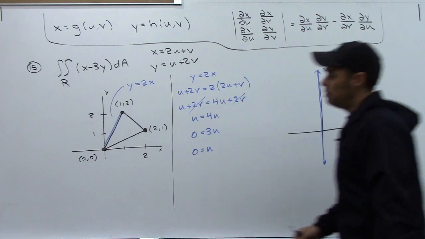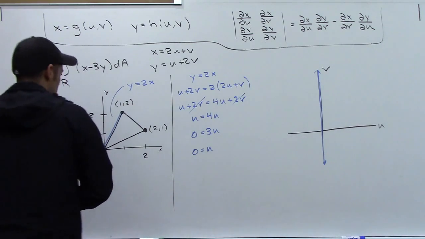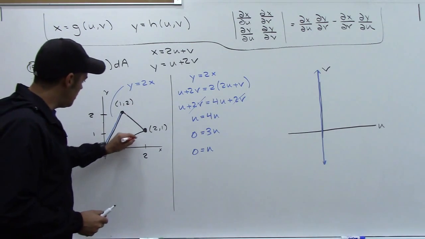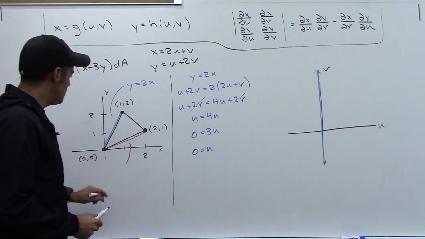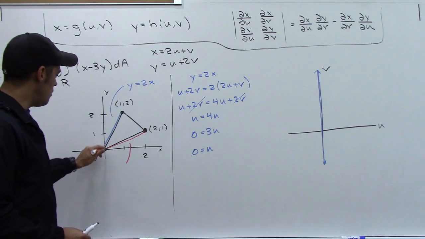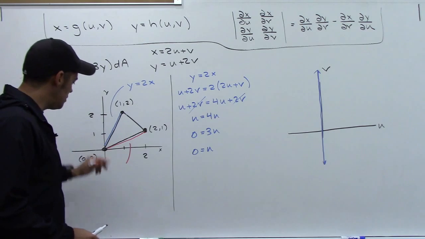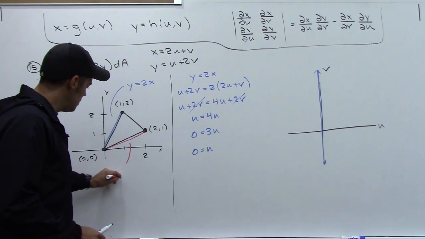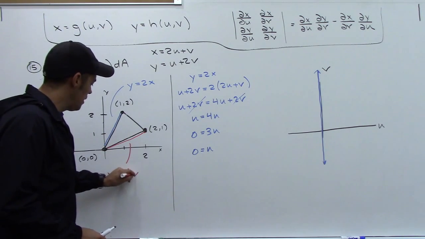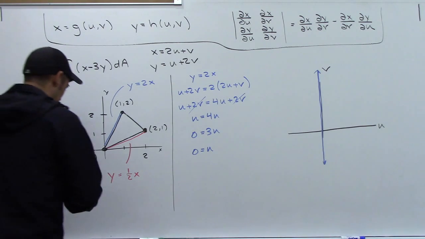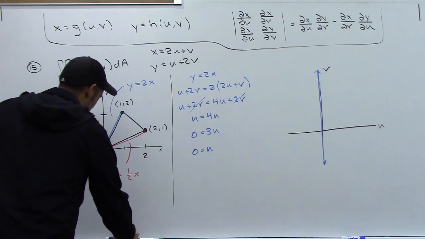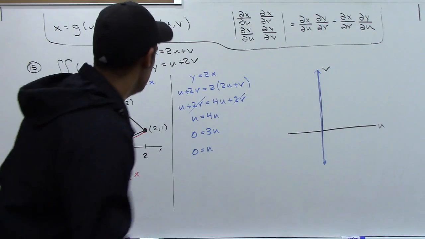Okay, now let's take another line segment, which would be this one. Find the equation of that. It has a y-intercept of 0, it has a slope of 1 over 2, so it's a slope of 1/2. So that's just y equals 1/2 x. Now I'm going to do the same thing. I'm going to ask myself, what happens to y equals 1/2 x? What does that line get taken to?